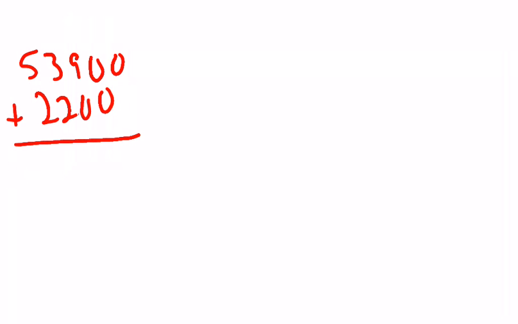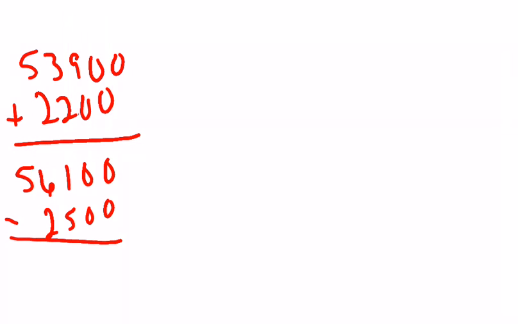These two items we add together, and that gives us $56,100, and then we subtract the $2,500 that he paid to retirement. So that leaves us with $53,600. This would be his adjusted gross income.